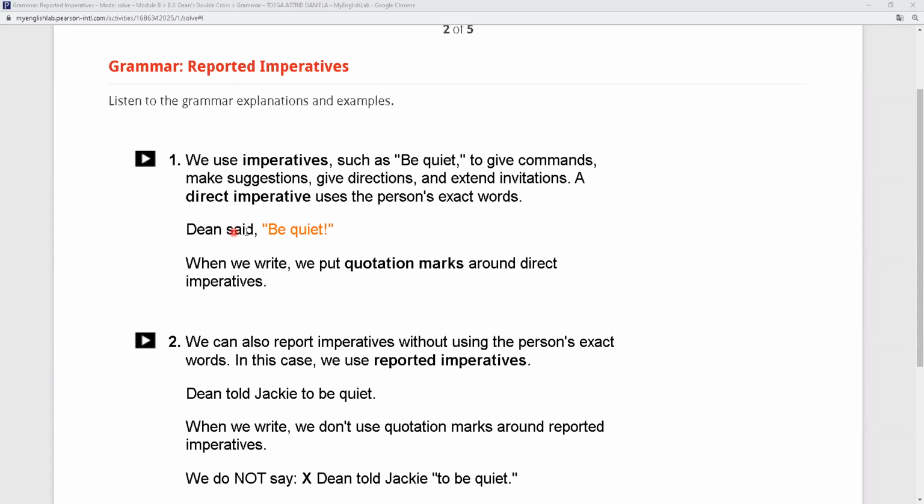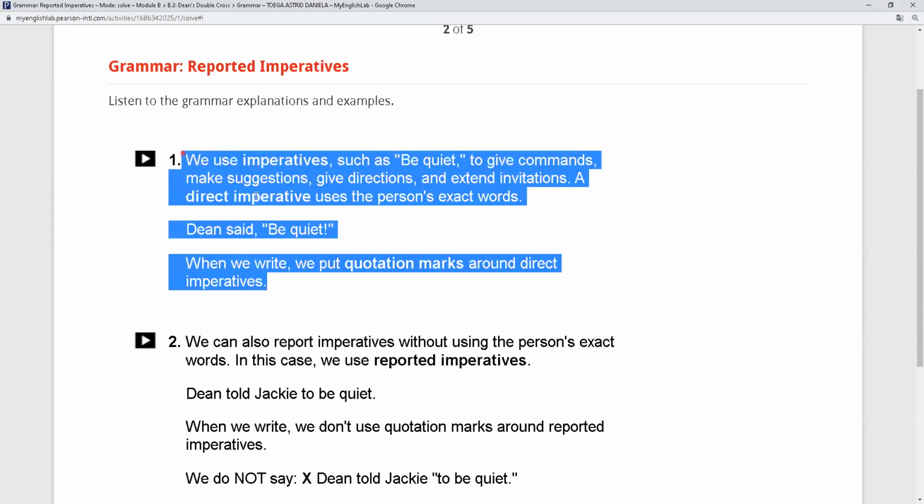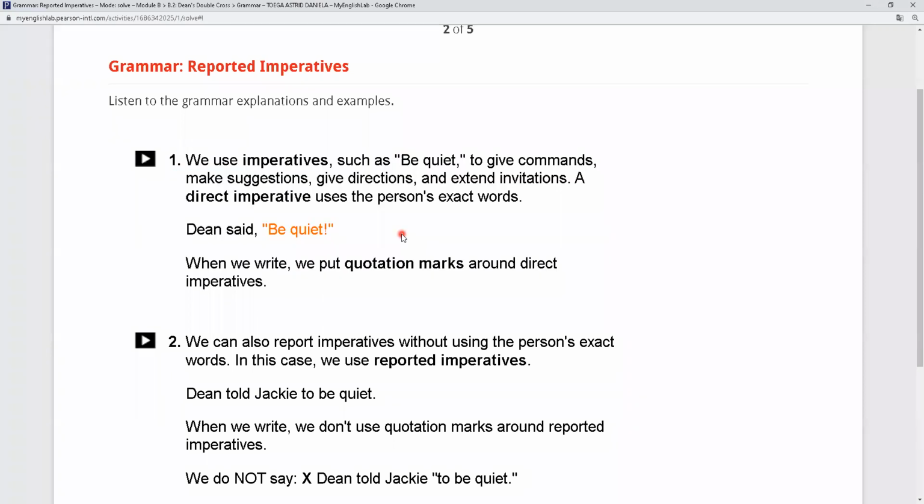In writing, we use a comma and quotation marks to write what the other person said. So it's like a citation, in other words.